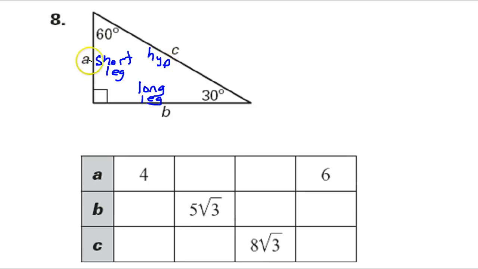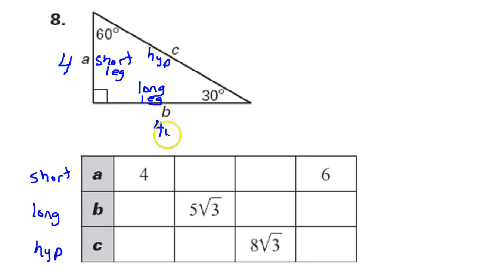Now, it's all about the short leg. So for the first one here, we're given that A, the short leg, in fact, let me just label this. So this is the short leg, and then B here is the long leg, and then C is the hypotenuse. Okay, so if we're given the short leg is 4, then we've learned that if you multiply it by radical 3, that'll give you the long leg.